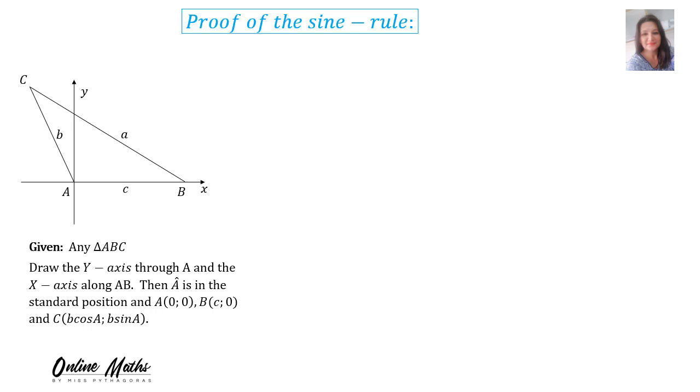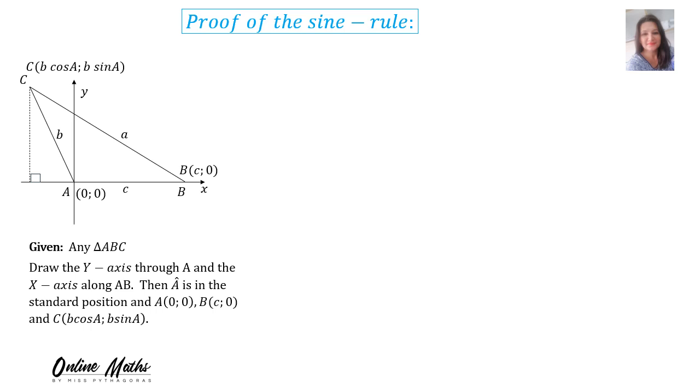Then angle A is in the standard position, and A's coordinate is the point (0, 0). B's coordinate is (c, 0). And C's coordinate is (b cos A, b sin A). Again, you drop your altitude from C and you form your little right angle triangle.